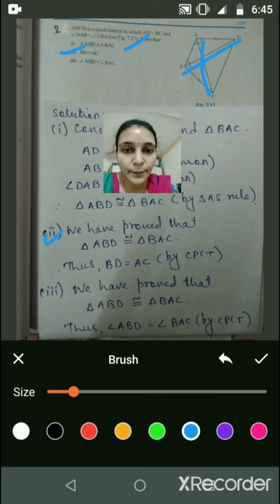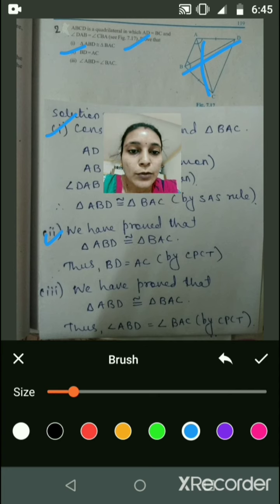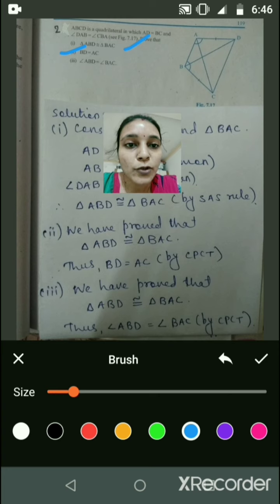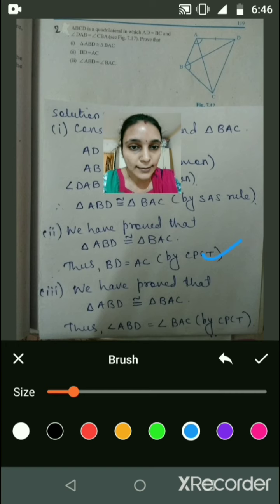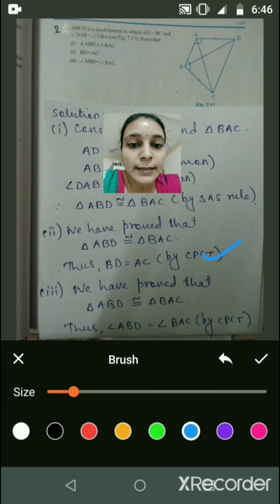Therefore we can say BD is equal to AC. ये BD and AC क्या है? ये दोनों हमने जो congruent triangle बताए हैं उन्हीं के पार्ट है. So by CPCT, corresponding parts of congruent triangles, both the sides are equal.